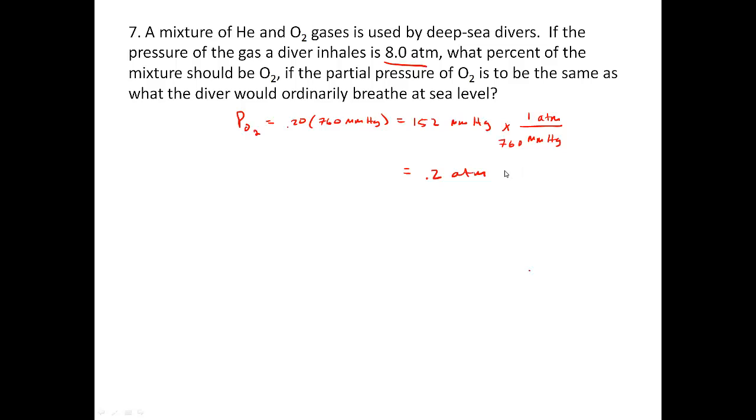Something tells me I should have known that. Now if we've got 8 atmospheres of total pressure, what percent of that is oxygen? Well, if we put this over the 8, let's multiply that by 100 to get to a percentage. We're talking about a mixture that's 2.5% oxygen as the deep sea diver inhales.